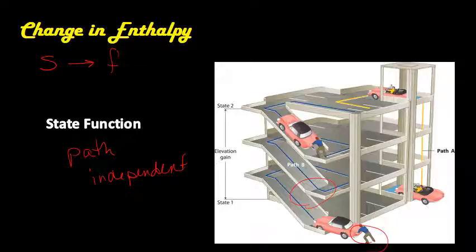But notice the elevation gain is exactly the same as if you took this path straight up the elevator to the top. Elevation gain, in this case, would be a change in state from the bottom floor to the top floor. And the path that we take to get there does not matter.